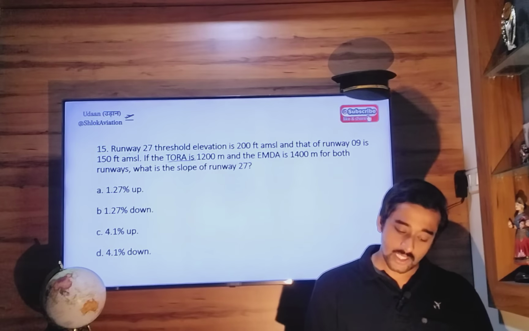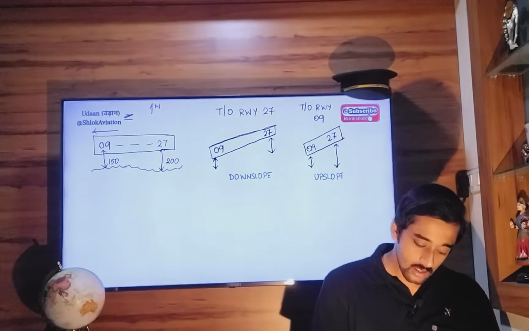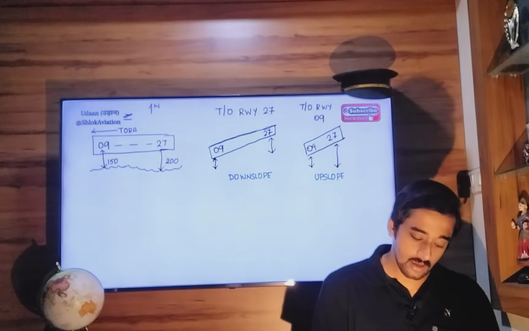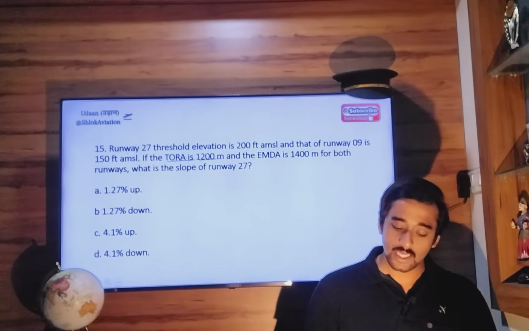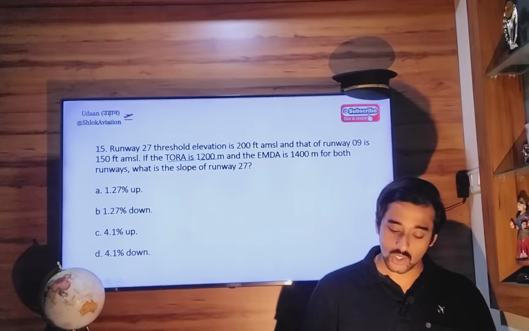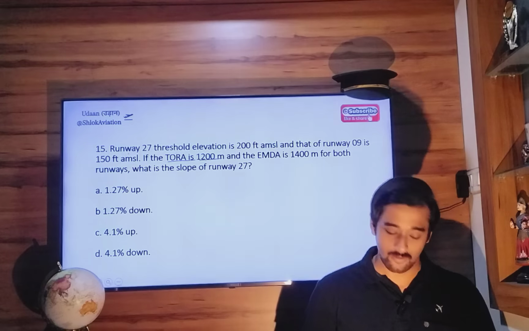Takeoff run available is 1200 meter. So this entire takeoff run available distance is 1200 meter. Accelerate stop distance available is 1400 meter. What is the slope of runway 27?